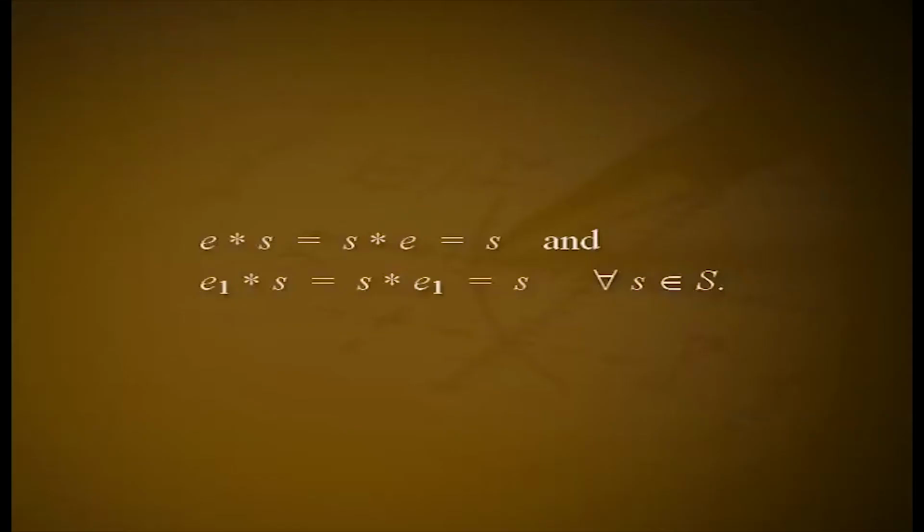Proof. To show the uniqueness of identity, we use the standard method of assuming that we have two elements E and E1 such that E star s is equal to s star E is equal to s and E1 star s is equal to s star E1 is equal to s for every s in S. Claim. E1 is equal to E. Consider the product E star E1.